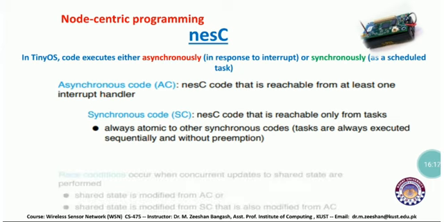However, race conditions can occur when shared state is modified from asynchronous code, or when shared state is modified from synchronous code that is also modified from asynchronous code. Therefore, NesC provides programmers with two options to ensure atomicity. As already discussed, the first option is to convert all the sharing code to tasks, that is to synchronous code only, and the second option is to use atomic sections to modify the shared state.